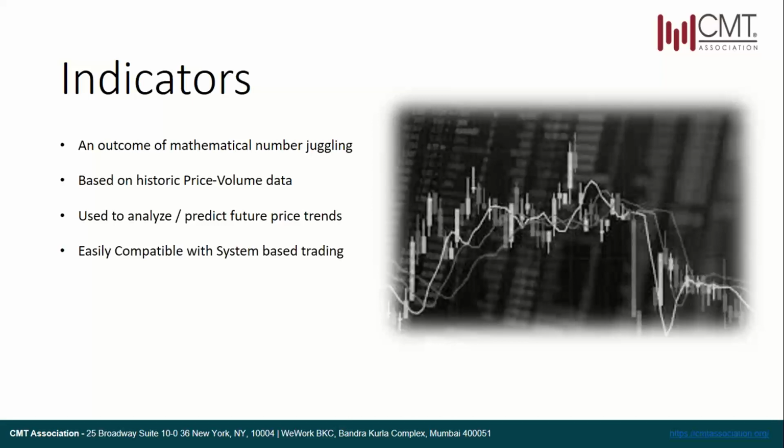Those who do system trading would appreciate that they are very easily compatible with system trading. In most cases they are formula based, can be very easily measured, and can be coded into a program. That is what makes them very interesting.